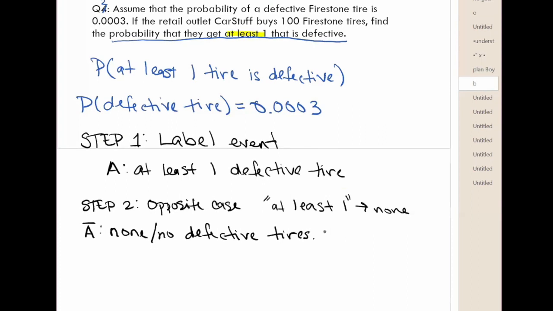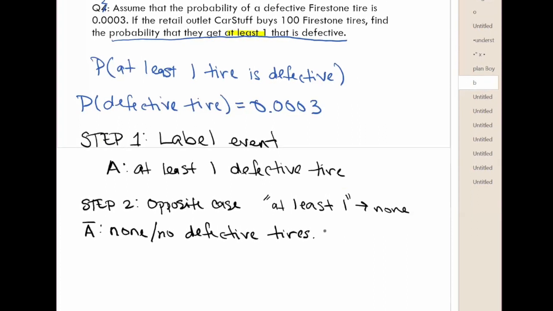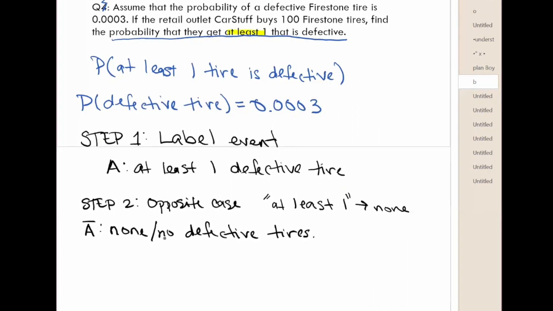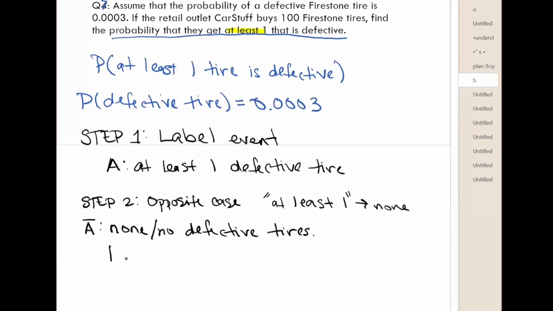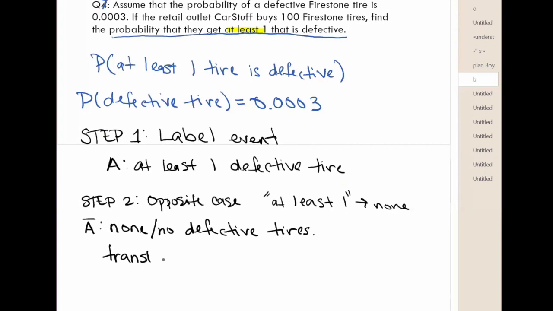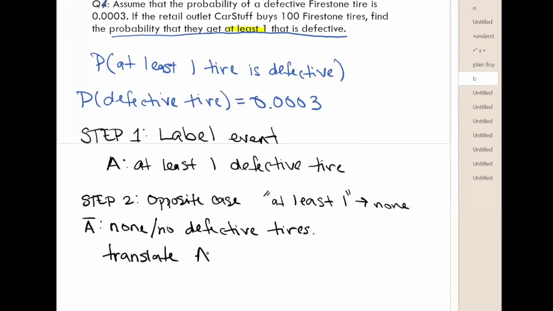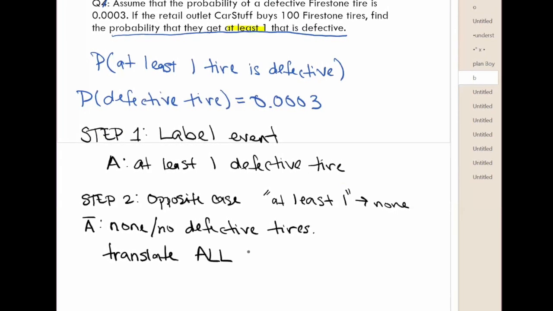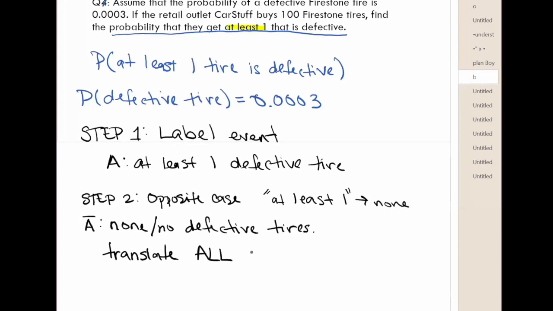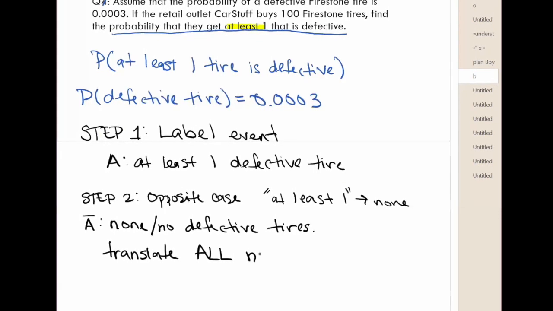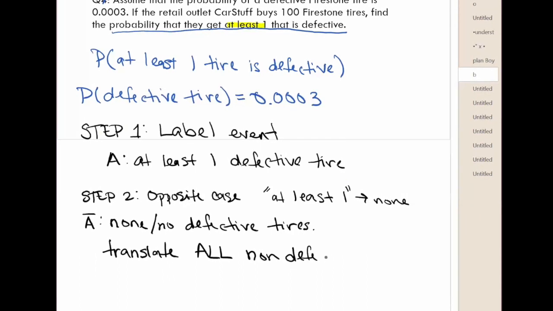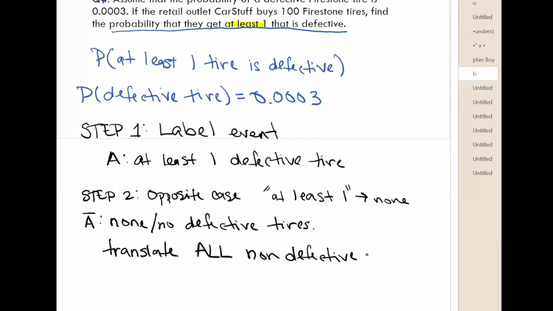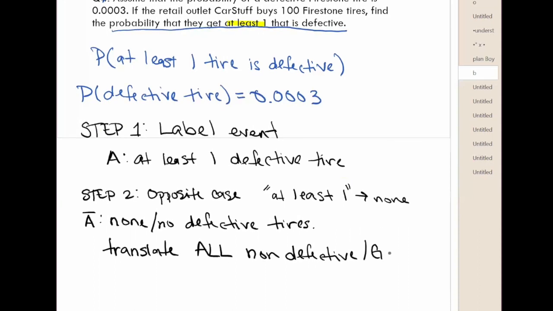So I want none, which might also translate to be like no defective tires. Now, before we begin, that seems kind of awfully wordy. So what does it mean if you have no defective tires? Well, that has to translate into all non-defective tires, which means they are all good tires. So we have all non-defective, which just means your tires are good.